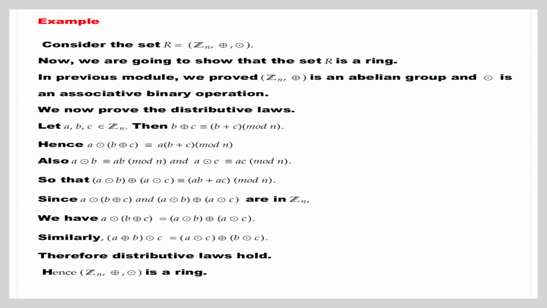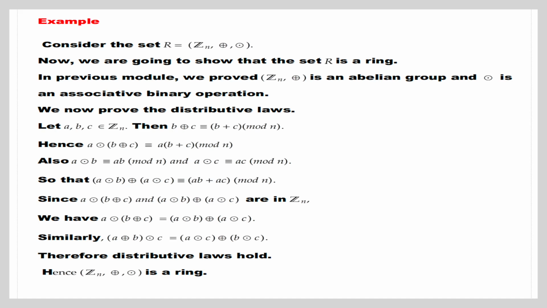We now prove the distributive laws. Let a, b, c belong to Zn. Then b +ₙ c is congruent to b plus c mod n. Hence, a ·ₙ (b +ₙ c) is congruent to a·(b plus c) mod n.